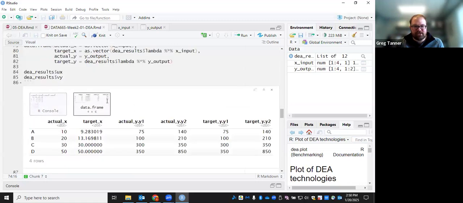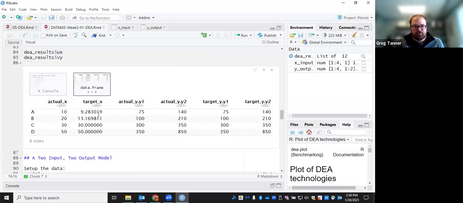And then if we look at our targets here, one thing I'll point out, let's see. Okay, never mind. So yeah, for outputs, the target and the actual match each other. Once you get to more and more inputs and outputs, this is not always the case that they perfectly match each other on both, but the outputs for the target should always be larger than the outputs of the actual DMU.